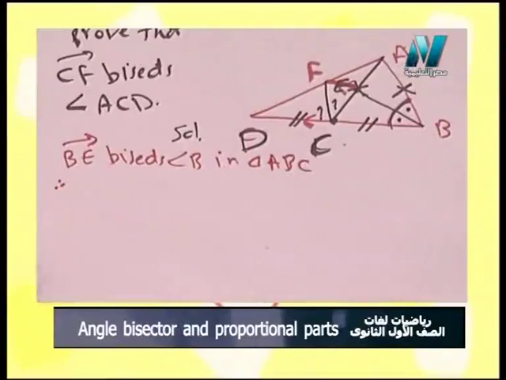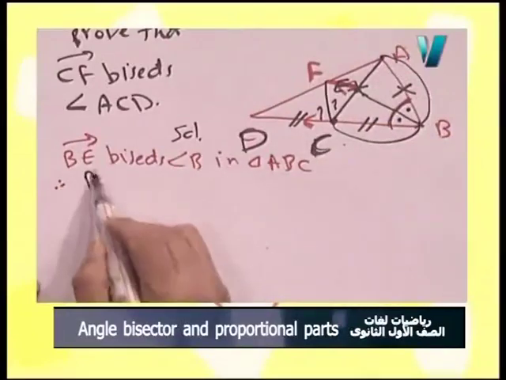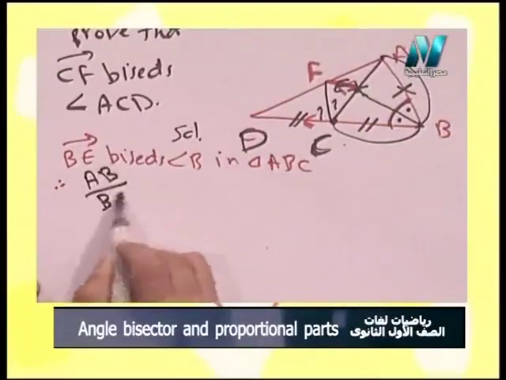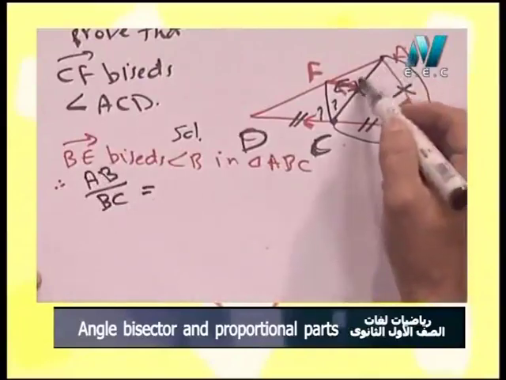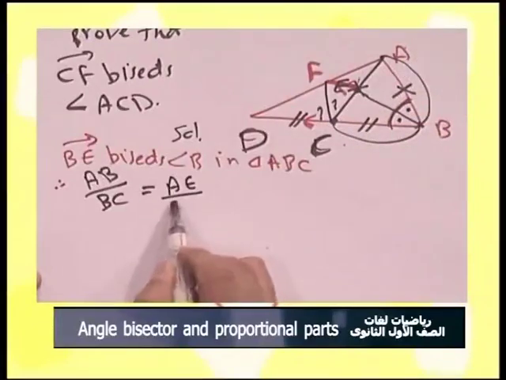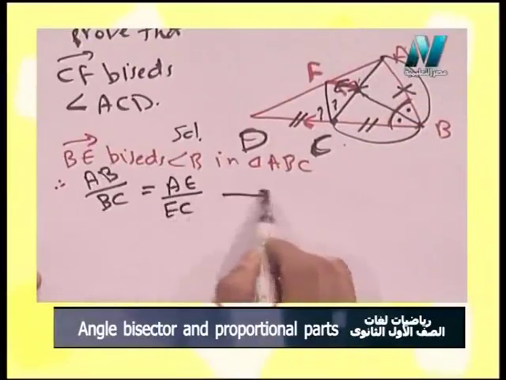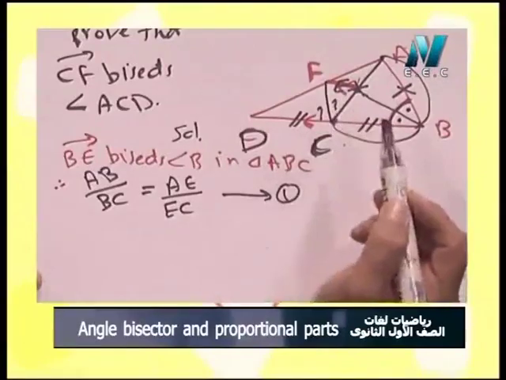So we will deduce that AB over BC equals what? Equals AE over AC. Let this be one relation, one proportion, one equation.